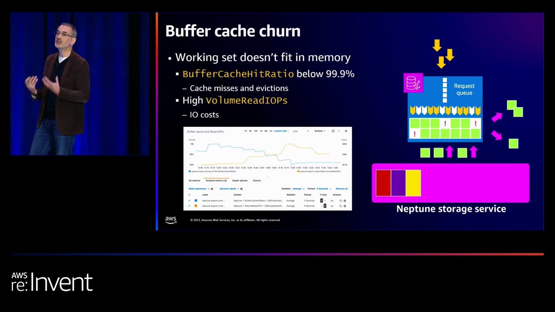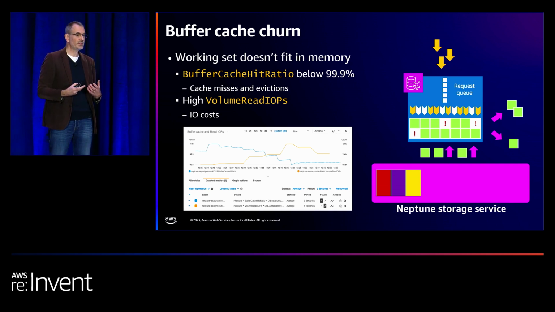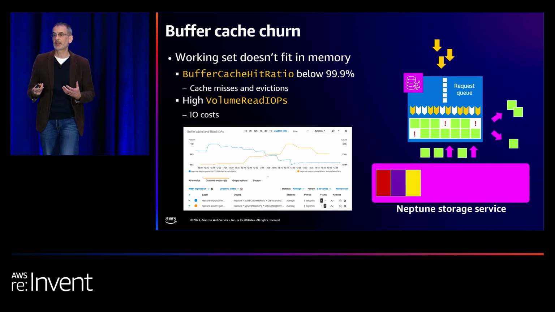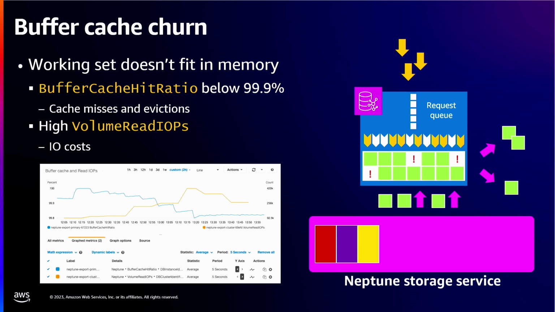So that brings me to the second thing that you should be looking out for, and this is buffer cache churn. This is the situation where your working set can't necessarily fit into main memory, into the buffer cache on those database instances. Queries are always going to run fastest if the data that they need is already in main memory.